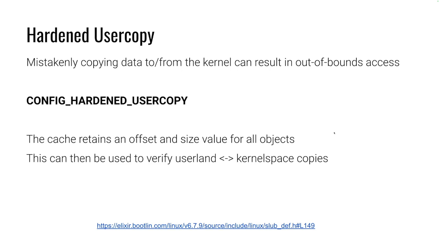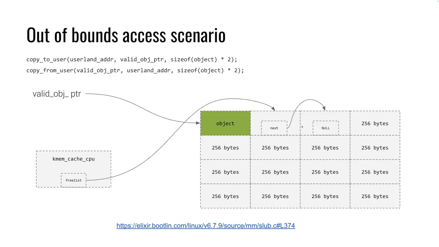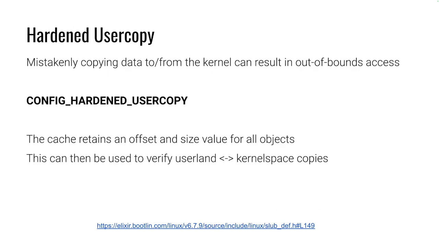It has an offset member and it has a size value. And these two values represent the region of memory that is allowed to be copied and transferred back and forth from userland to the kernel. And so these values can be used to verify that the bytes that are being transferred to and from the kernel are within the intended range.